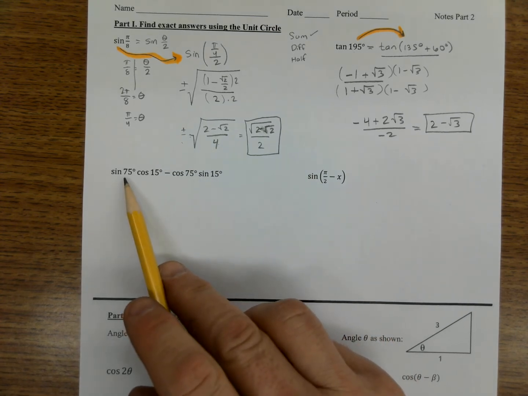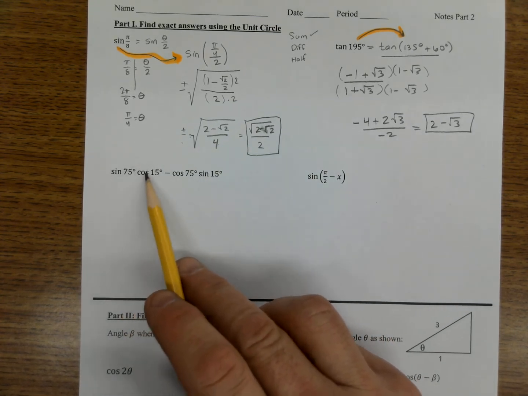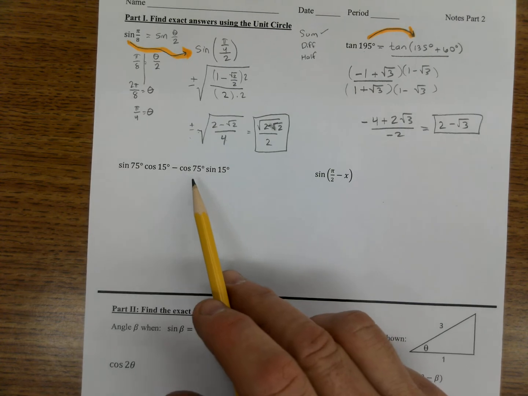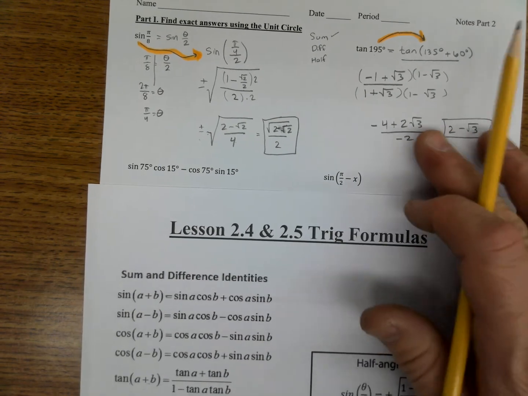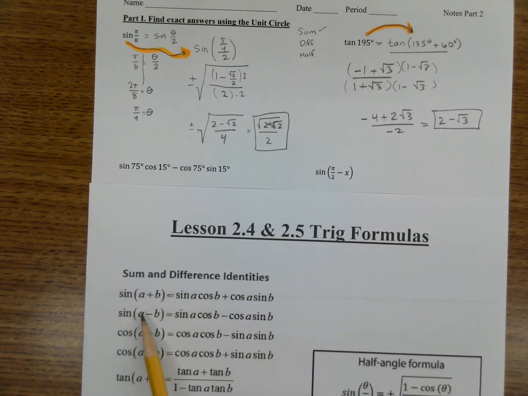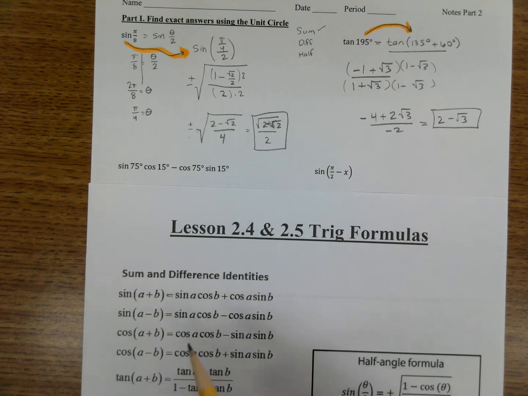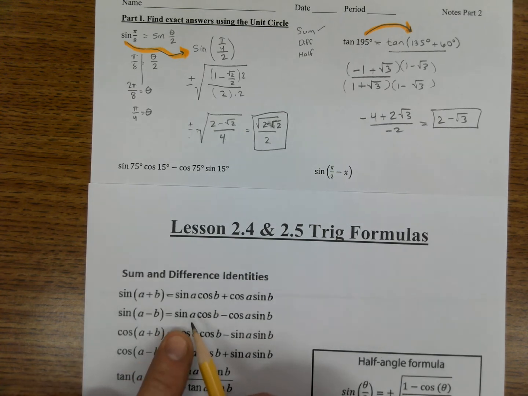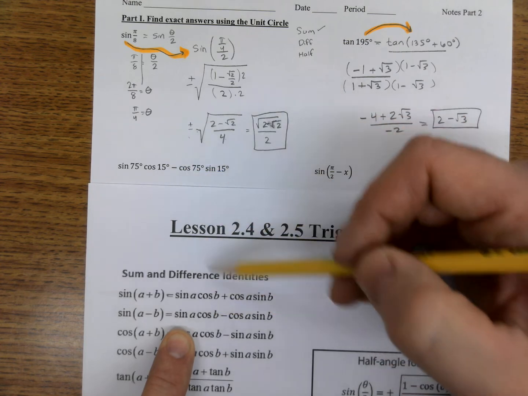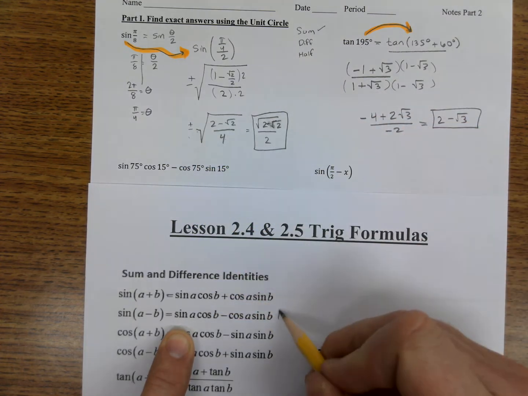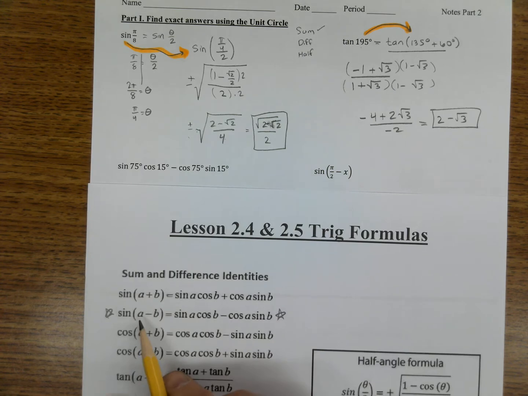All right, what about this thing here? Do you know the cosine of 75? No. Do you know that none of these are on the unit circle? But what does this look like? To me, it looks like someone's using this formula right here. Someone's using this formula to say, hey, look, here's my parts, sine and cosine and minus, and they're using a subtraction formula.